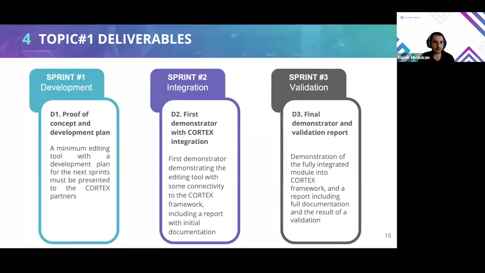In the second sprint, we would like to see a demonstration of an editing tool that has some kind of connectivity to the Cortex framework. And at the end, we would like to see the demonstrator fully integrated into Cortex, and a validation report, basically the KPIs that we mentioned earlier. Next slide, please.